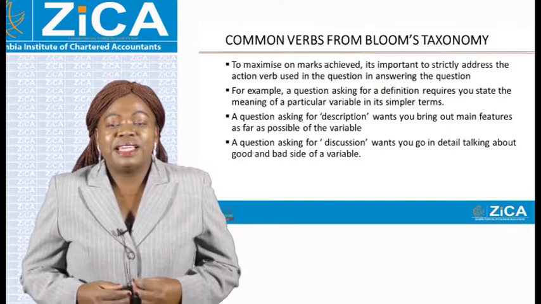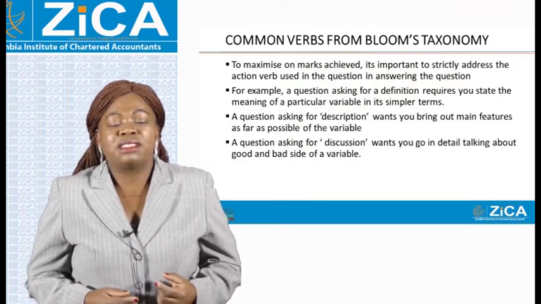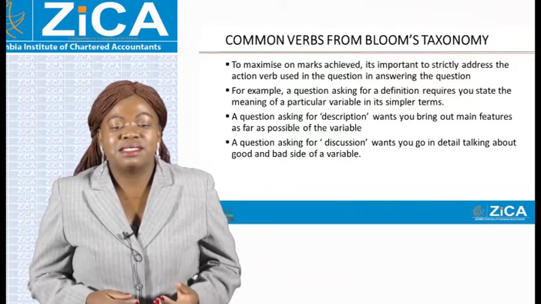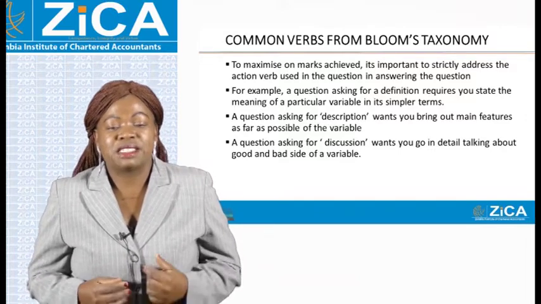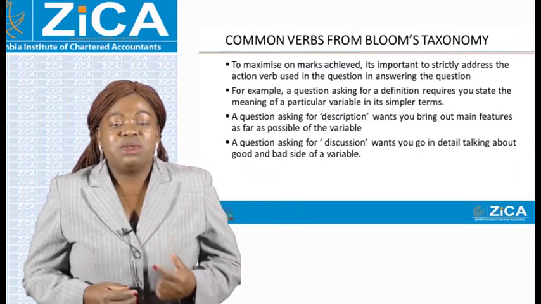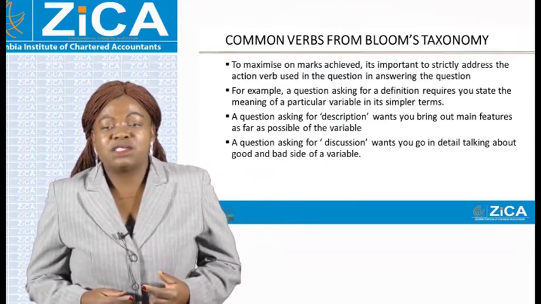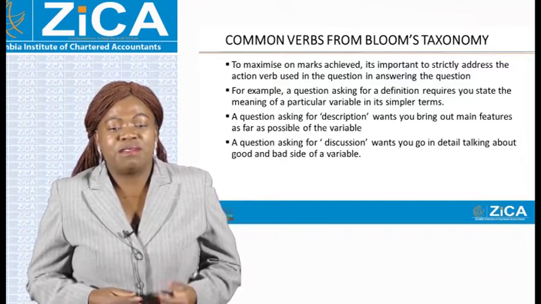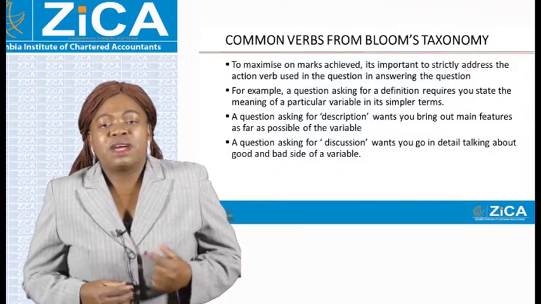In the understanding level, this is where you get command words like describe, illustrate, discuss, compare and contrast, explain. So depending on the command word that has been used in the question, it's not like you just need to write everything you know about a particular variable. Follow the command word.